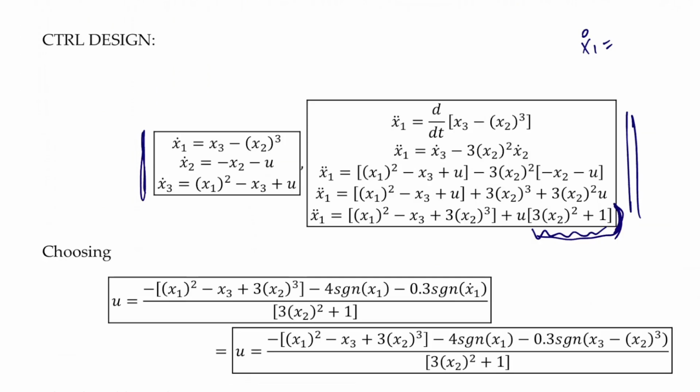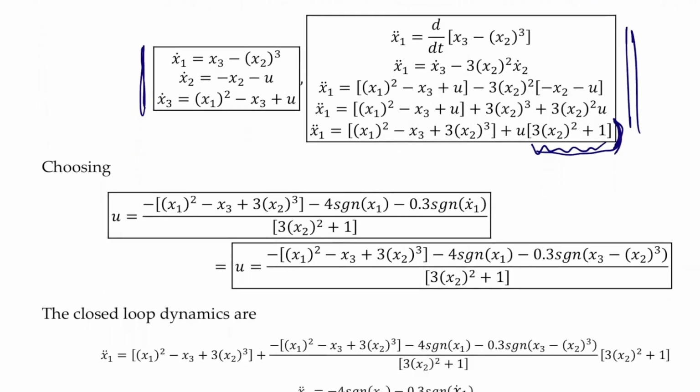On top of that, since we have the finite time stability requirement, we can also employ some type of SMC, sliding mode control strategy here. And this is why I like that problem and wanted to have a lecture video on it.